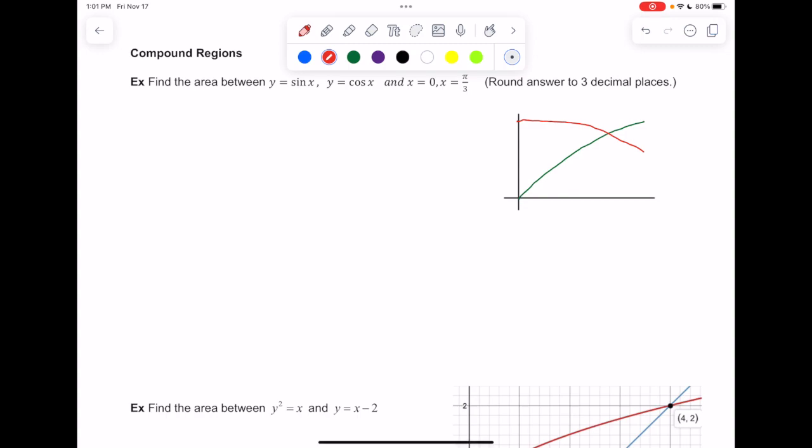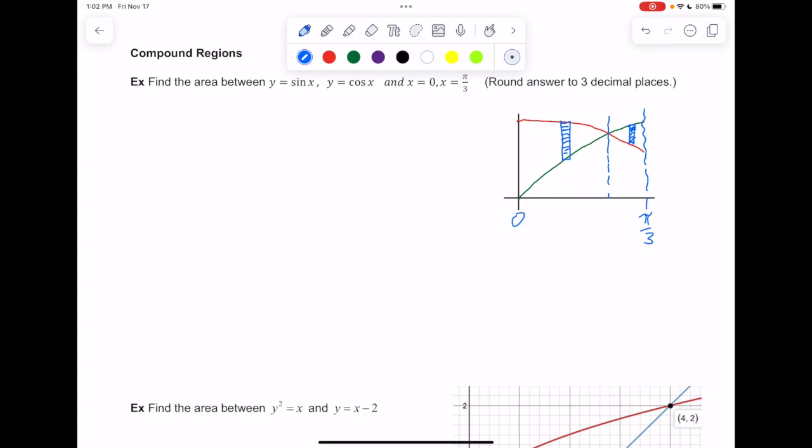And then this was our boundary over here at pi over 3, and our other boundary was 0. So if we do a rectangle right here, the top function is the cosine. But if we do a rectangle over here, then the top function is the sine. So we need to make a switch and do the integrals differently once we cross over this cutoff right here.